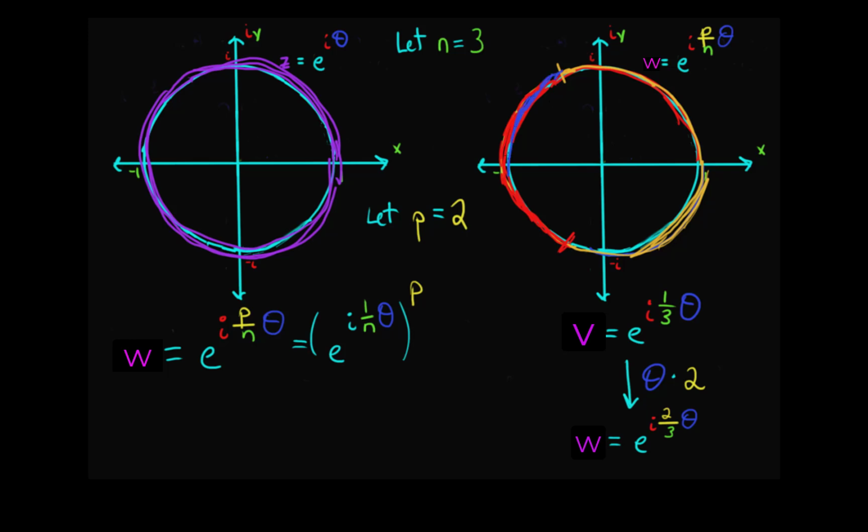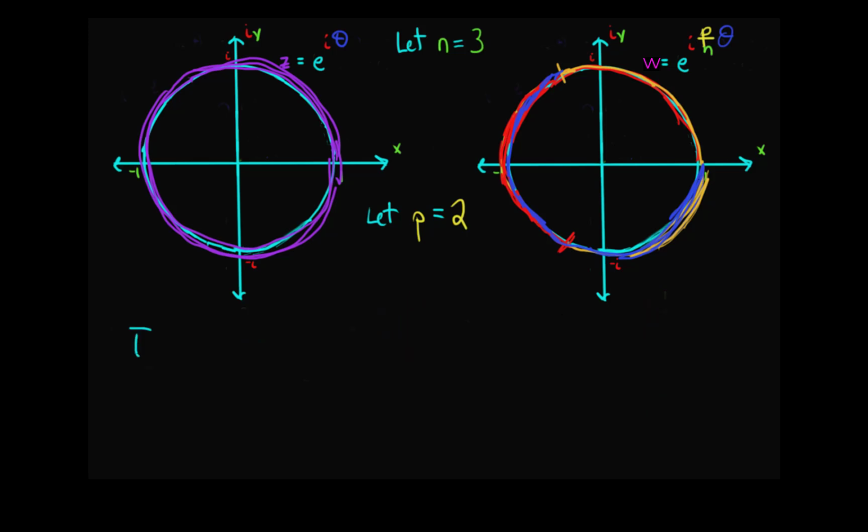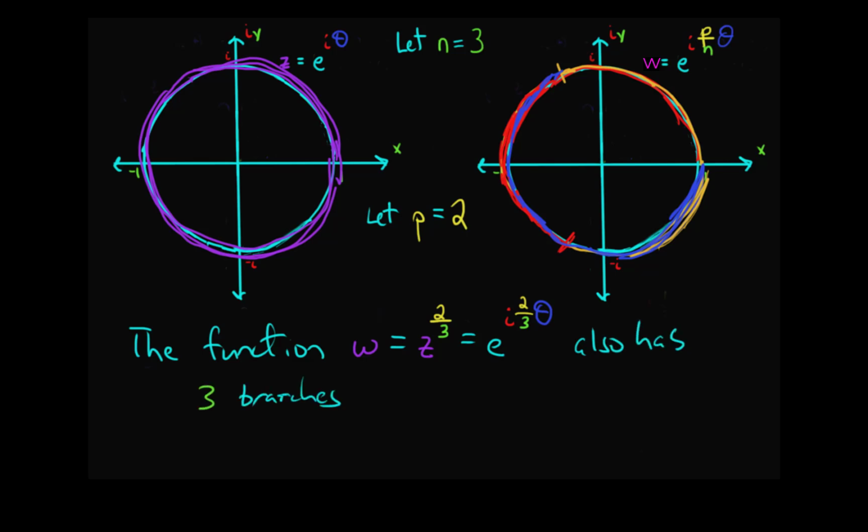And the final branch will go from 8 pi over 3 radians back around again to 12 pi over 3 radians, which again equals 2 pi. So we see that this function, w equals z to the 2/3, which equals e to the i times 2/3 theta, also has 3 branches. And that's illustrative of the general case.